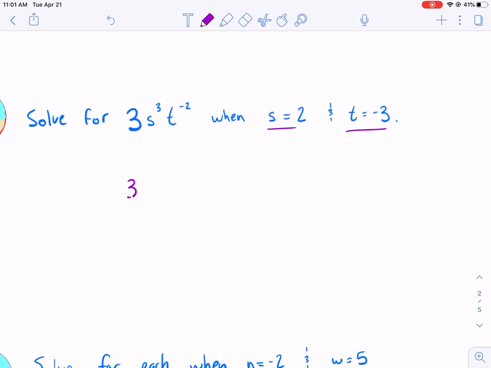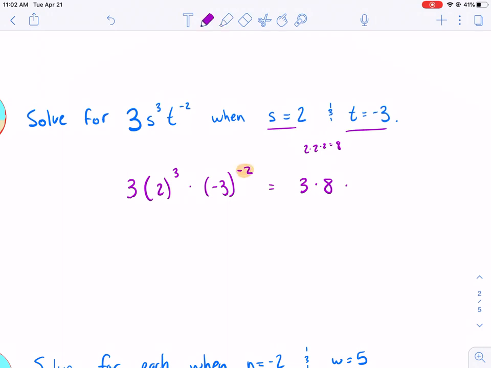So we have 3, and then we have 2 cubed, and then we're going to multiply by negative 3 to the negative second power. Let's simplify this. So we have 3 times 2 cubed, and 2 cubed is 8: 2 times 2 times 2. Times, now let's rewrite this with a positive exponent, negative 2.